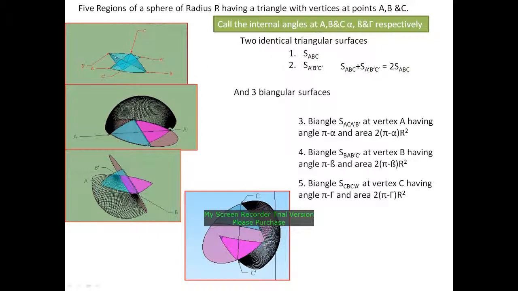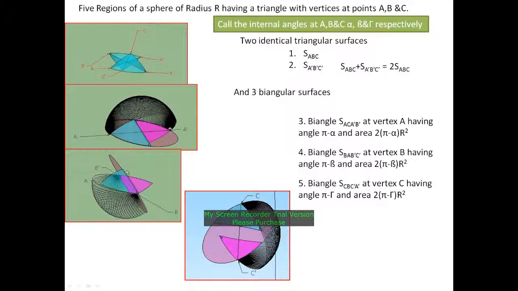And then there's another one, which is the inversion of SABC on the opposite side of the sphere, called SA prime, B prime, C prime. Those two are equal. They're formed by the exact same angle. It's just one is the inversion of the other through the center of the sphere. And so SABC plus SA prime, B prime, C prime is just 2 times SABC, 2 times the area of the triangle. And that's the first part of the partition, those 2 triangles.